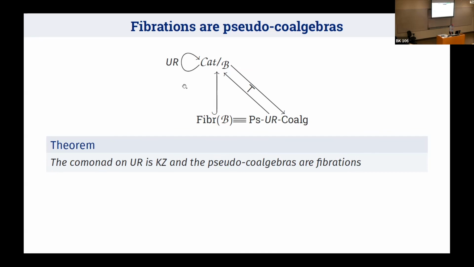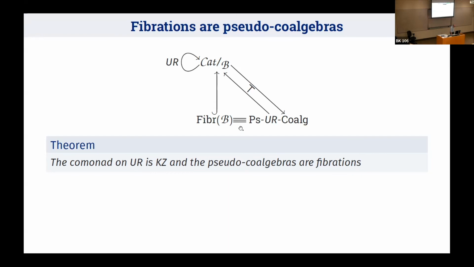comonad, and if you don't know the words I'm saying, I'm sorry, but I will not go into the details, are almost coalgebras. They are coalgebras up to appropriate isomorphisms, which are not canonical. They satisfy specific properties.